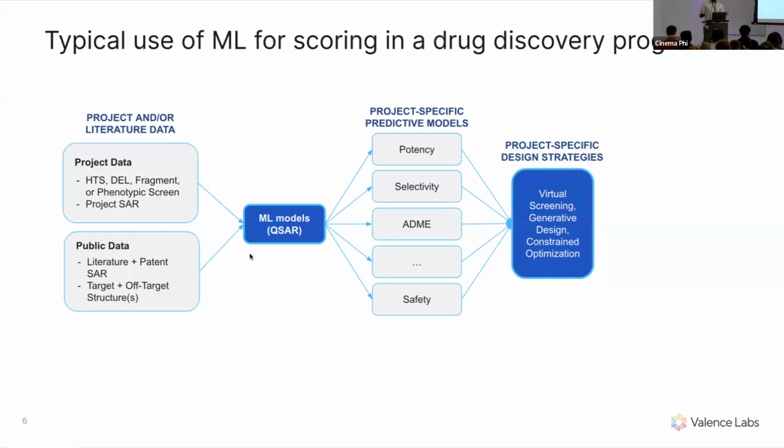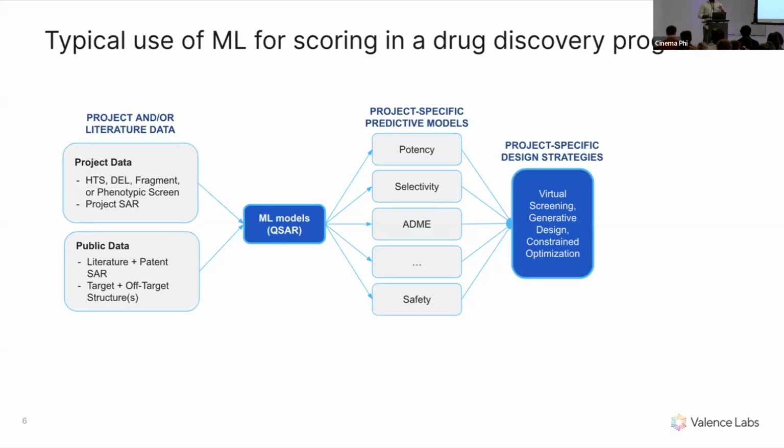It's not very different from what people have been calling QSAR, so quantitative structure activity relationship, or structure property relationship. And this will be on a set of criteria that you define for your project. So it can be potency, selectivity, some ADMET parameters that I talked about, and such.